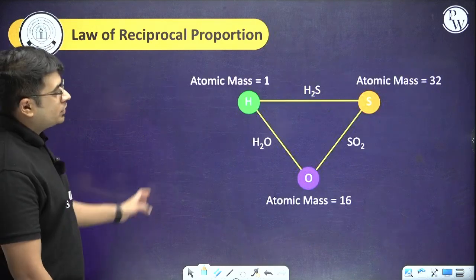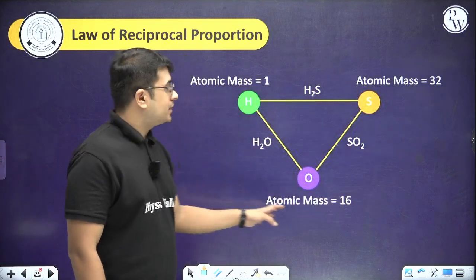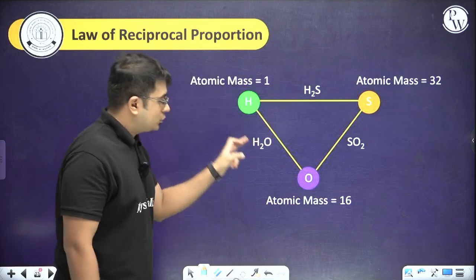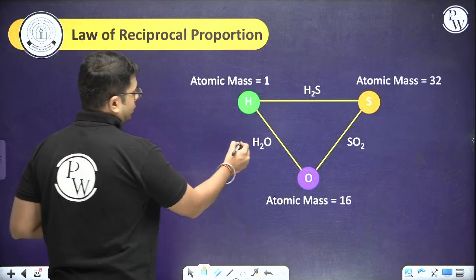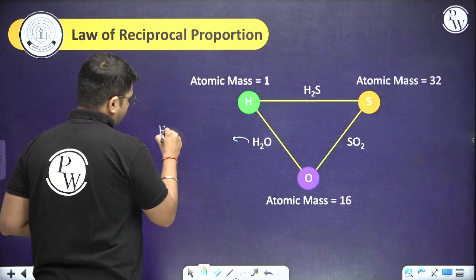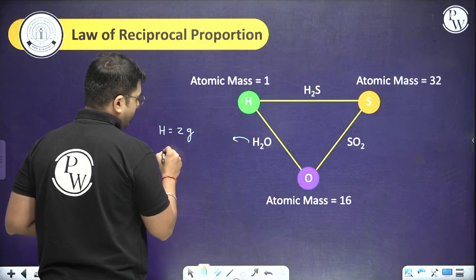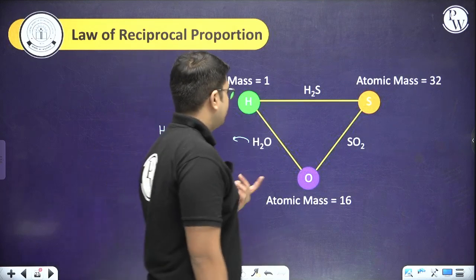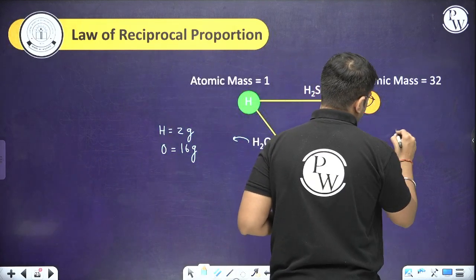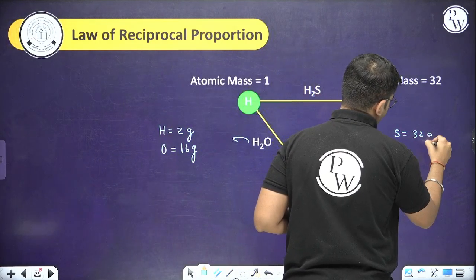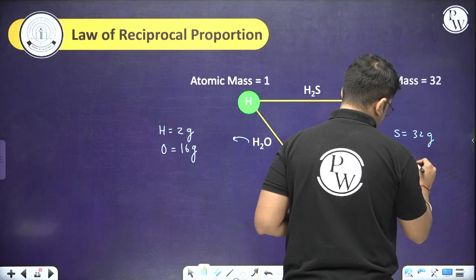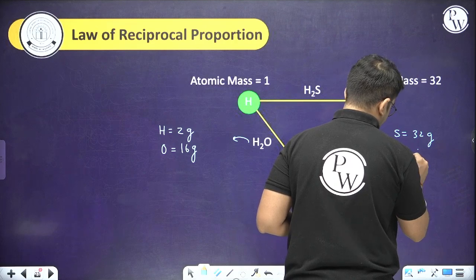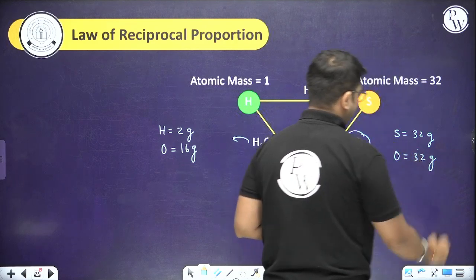Next part, you can solve it by yourself, which is the example of hydrogen, sulfur and oxygen. You can take hydrogen and oxygen when they are combining. You have hydrogen which is 2 grams, oxygen which is 16 grams. In SO2 sulfur is 32 grams, oxygen is again 32 grams.